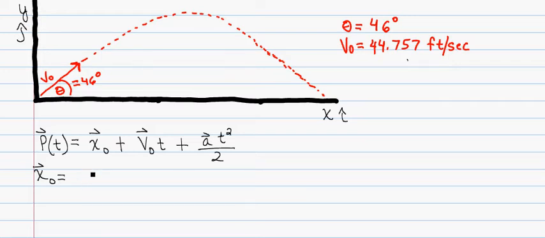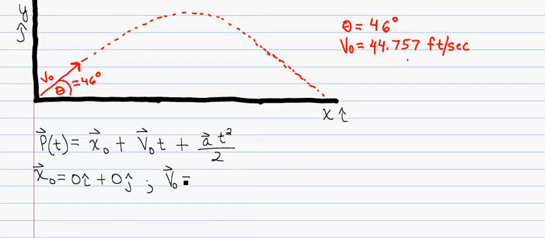We started at 0, so it was 0 in the i direction, plus how high up was it? It was 0 in the j direction. So that's the first piece. It contributed nothing.